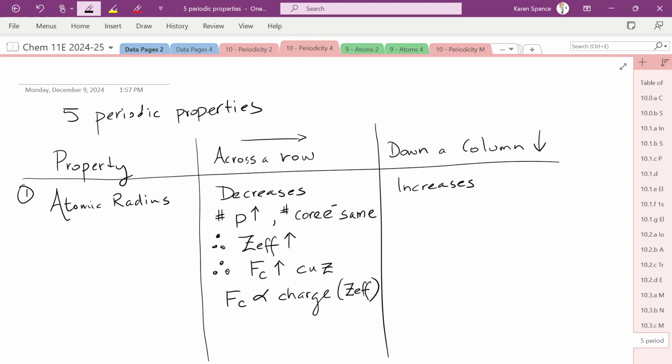So that kind of gets at everything. As we go down a column, why does the atomic radius increase? More core electrons, I'm going to say more occupied shells, and every higher energy level shell is further from the nucleus.